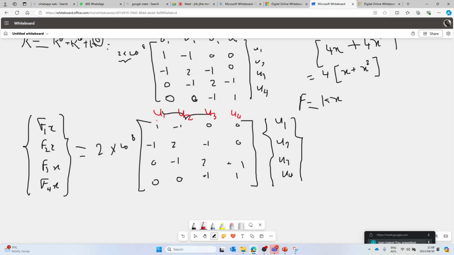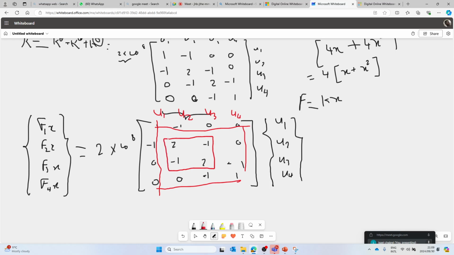Because it is 0, you can draw a line like this to cancel, just for you to see what you are doing. You can do it outside the paper when you are writing a test, just to give you a clue. You are cancelling U1 here, you are also cancelling U1 here. U4 is this side, U4 is this side, cancelling U4 here. You are also cancelling U4 here. So the only ones remaining are U2 and U3.